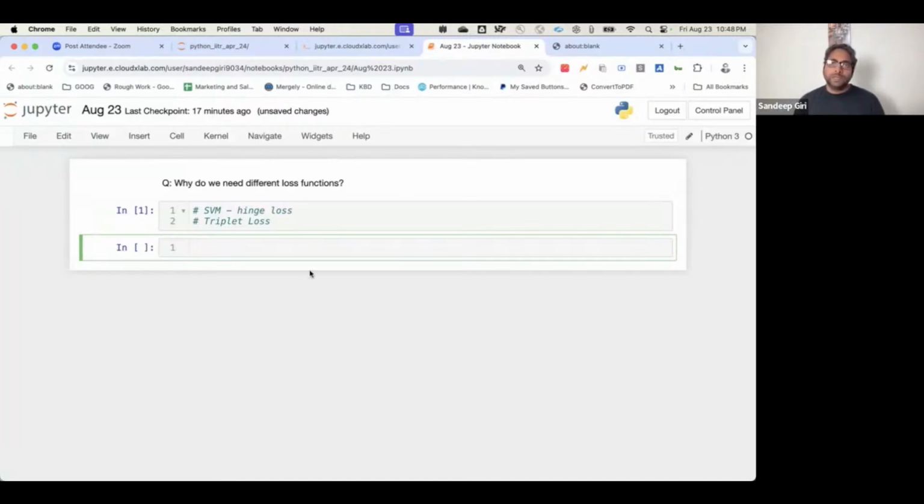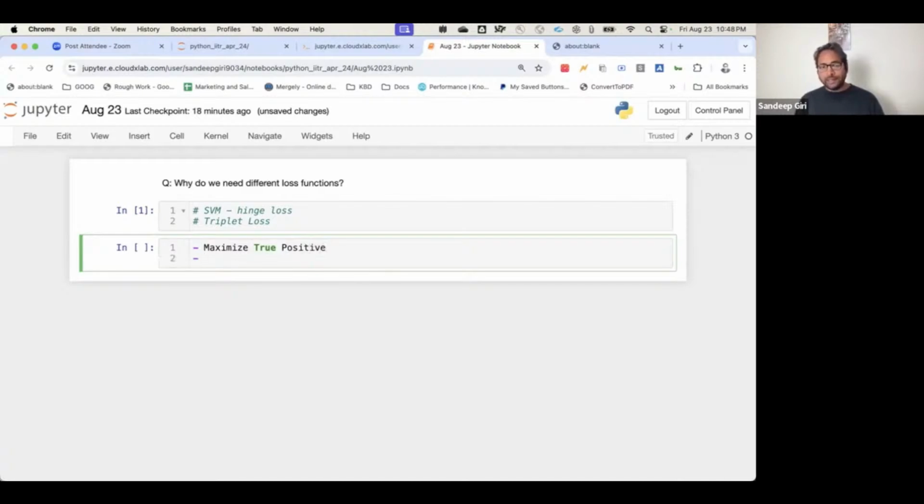Okay, like in our case, as you studied in classification, we wanted our model to maximize true positives, and it's okay to have false positives.